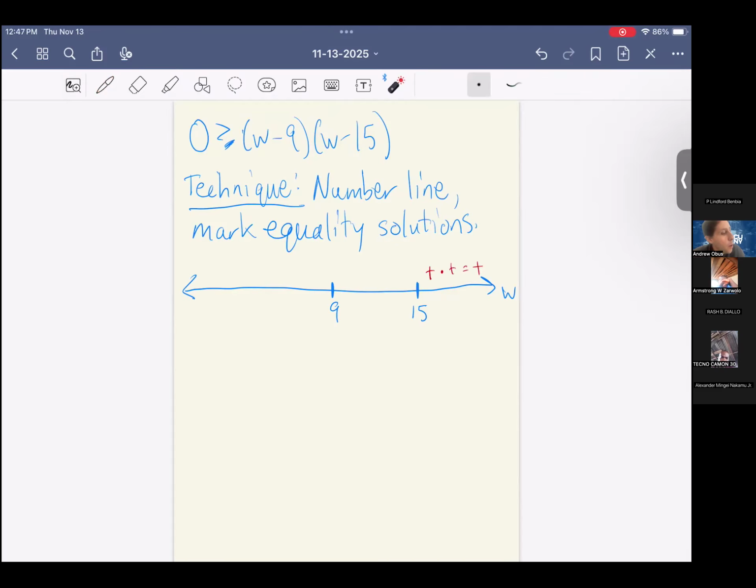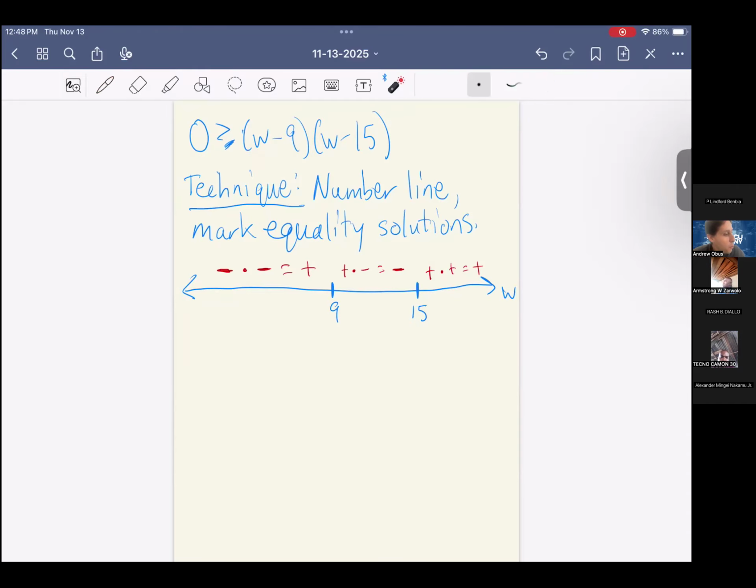Well, if I take some W between 9 and 15, then W minus 9 is positive, but W minus 15 is negative. So I'm multiplying a positive by a negative, and that's equal to a negative. And then lastly, what happens if W is less than 9? Well, then W minus 9 is negative, and W minus 15 is also negative. So I have a negative times a negative, and that's equal to a positive.